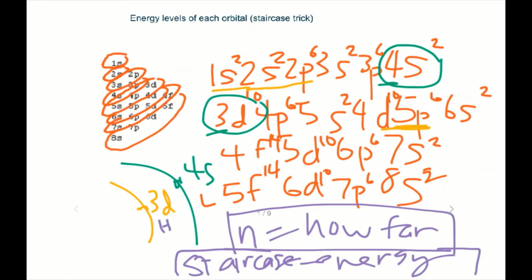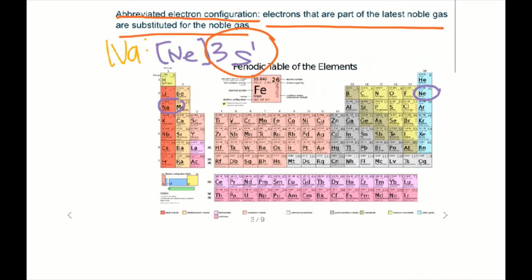And then it says afterwards you go to 6s, then 4f, 5d, and 6p, and then 7s. So we have to follow this order. So be careful and do not skip any of these. So we end with 5p6 because the noble gas's last electron is in the 5p orbital. And now let's move accordingly.